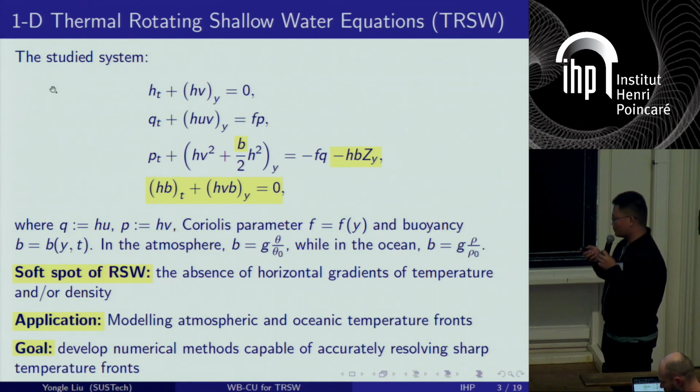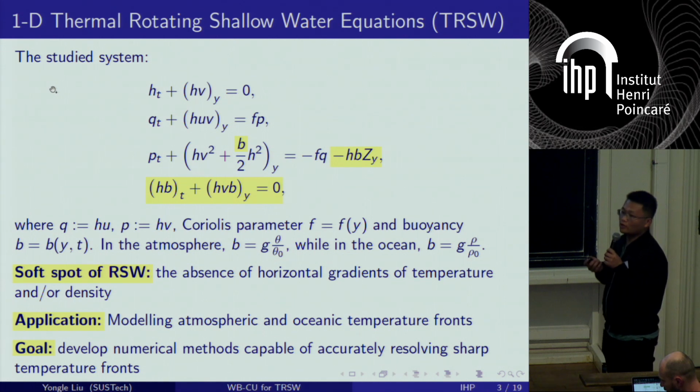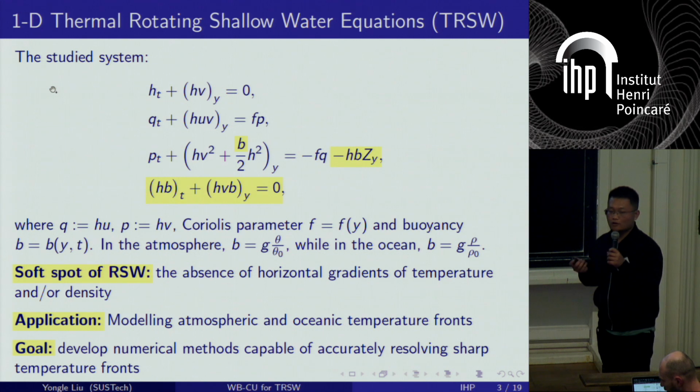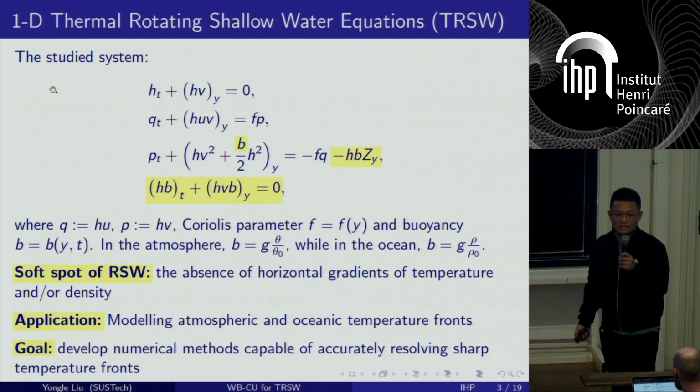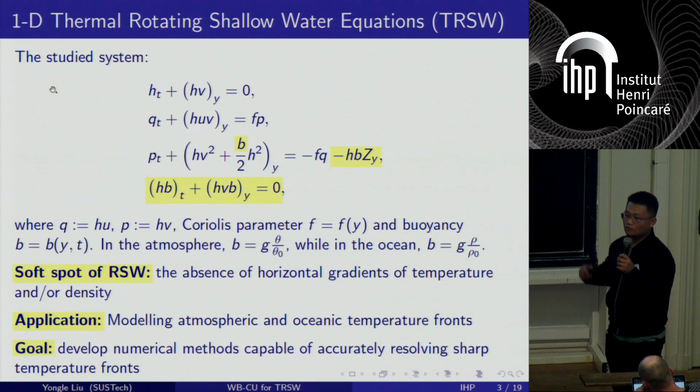Before I introduce the numerical scheme, I would like to point out the steady-state solutions of the system. As we know, steady-state solutions are very important, and many relevant solutions can be viewed as a small perturbation of a steady-state solution. So what are the steady-state solutions of this system?